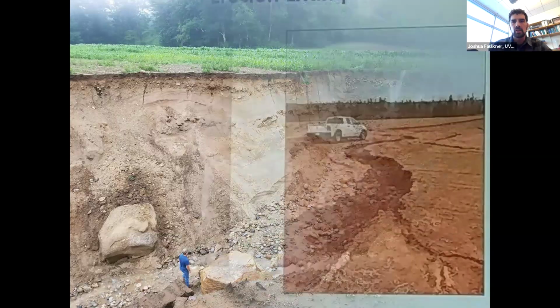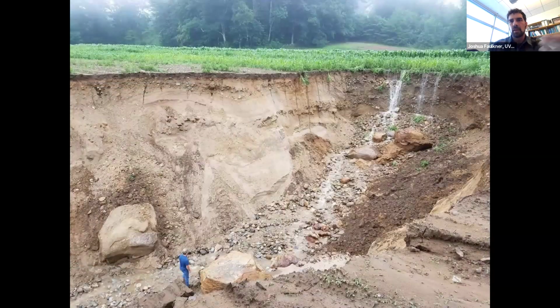Once those head cuts start on those gullies, they really eat away the head of the gully and churn out underneath the lip, and then the lip collapses, and that gully just continues to work further and further up into a field.